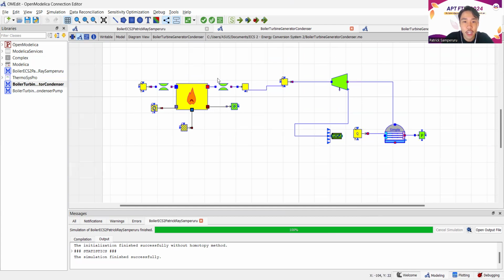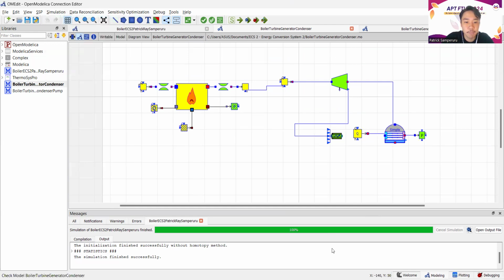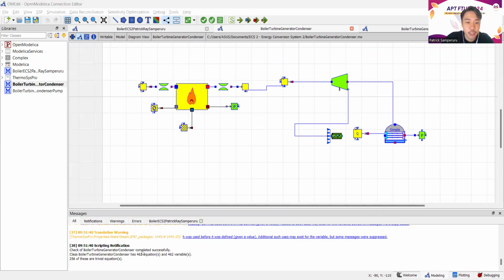Now, unfortunately, this is as much as I can do, because we see here at the simulation, it says that there are 462 equations and 462 variables. So theoretically, it should be able to be simulated.